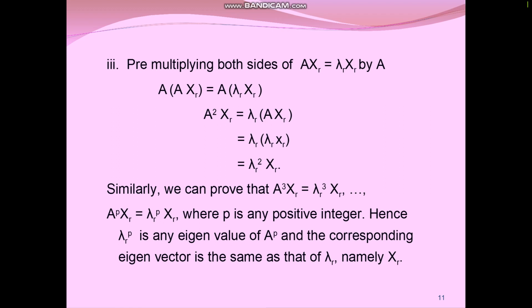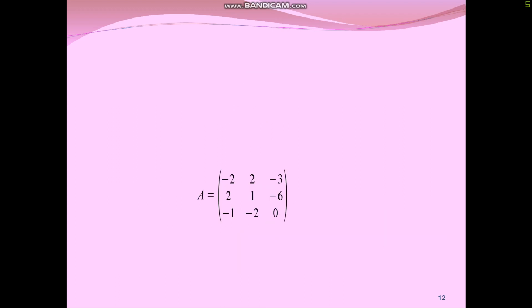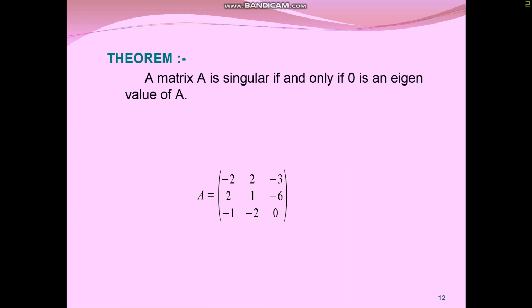Hence lambda to the power p is an eigenvalue of A to the power p and the corresponding eigenvector is the same. A matrix A is singular if and only if 0 is an eigenvalue of A.